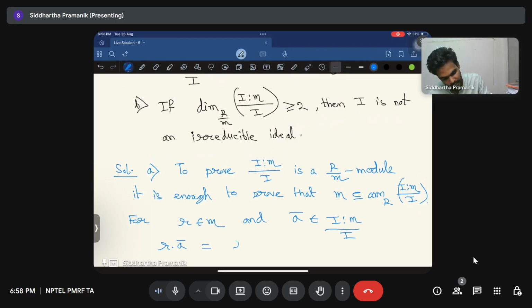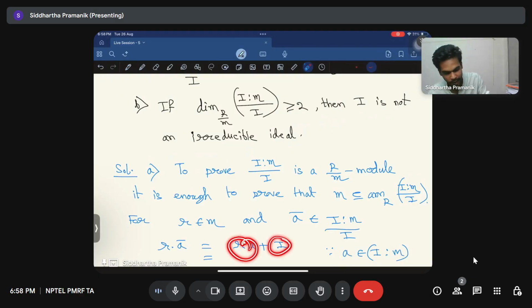So this is basically ra plus I. But here this a belongs to I colon M. So that means if we multiply this element with an element of M, that has to land in I. So this ra is an element of I. So this is basically the same as 0 plus I, which equals 0 bar.